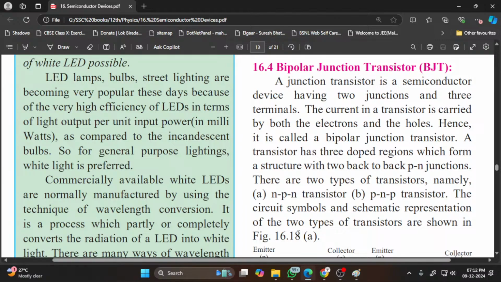So there are 2 types of transistor. One is NPN, in which the P type semiconductor is at the center, and the other is PNP, with its circuit symbol and schematic representation.